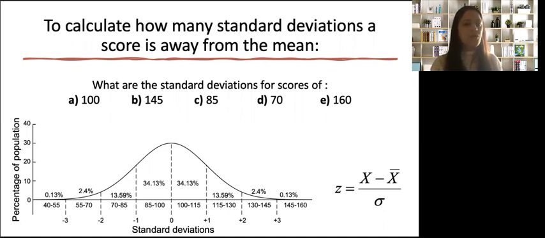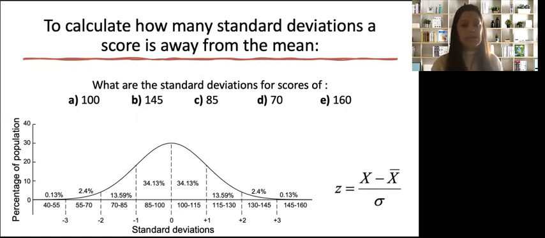What about 145? If you have a score of 145, again, recall, standard deviations are in increments of 15. One standard deviation is 15. So we can look at a score of 145 and see that it falls 3 standard deviations above the mean. So you can do this a number of ways. You can look at the picture that I've posted and just see that the score of 145 lines up with +3 on the x-axis.